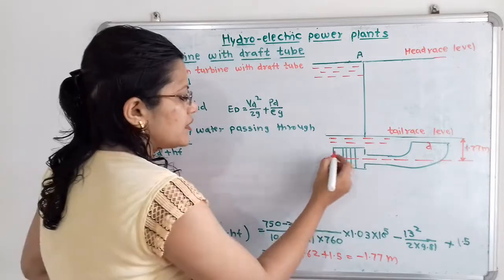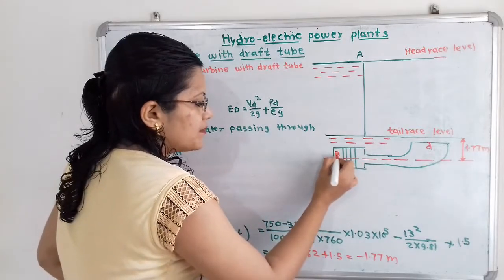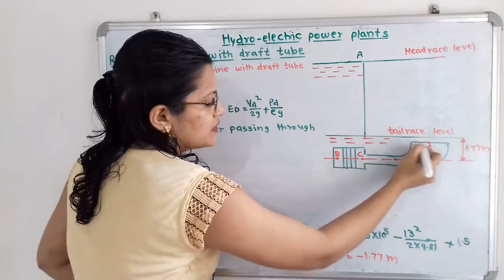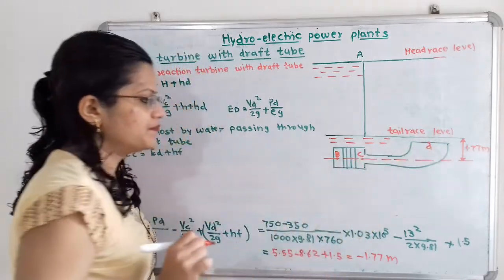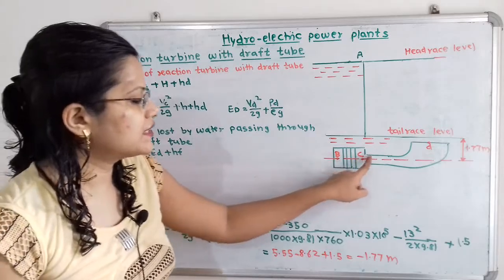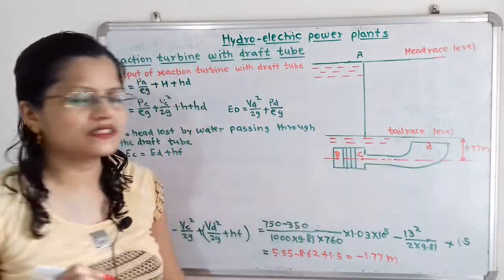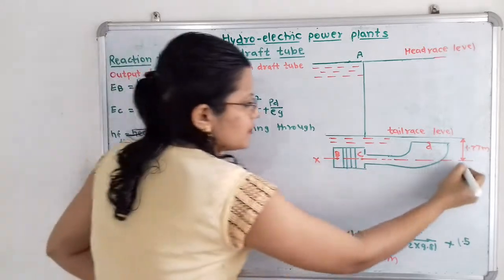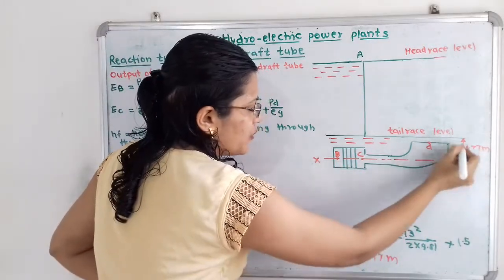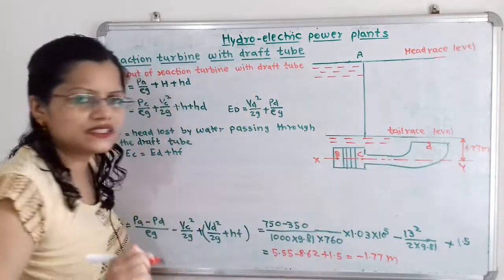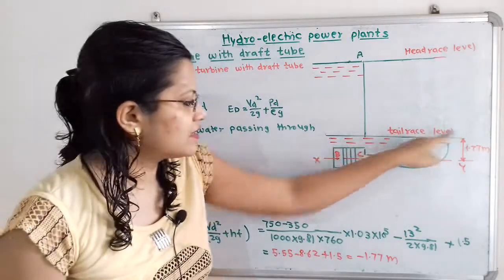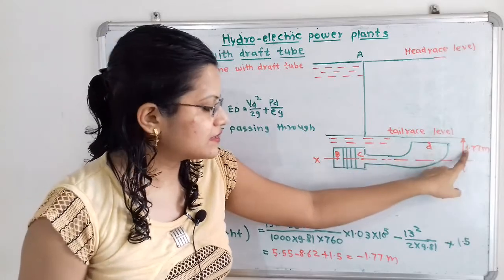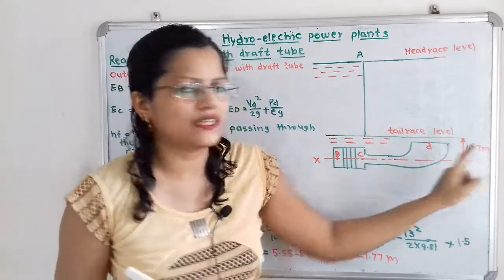Now I will show the inlet point B, the outlet point C, and here is the outlet of the draft tube, which is point D. Here are points B and C, and here is the draft tube that is connected. Along this XY line we take all the reference points, and we measure the distance h from the tailrace level to this XY line, and this vertical distance is nothing but 1.77 meter.